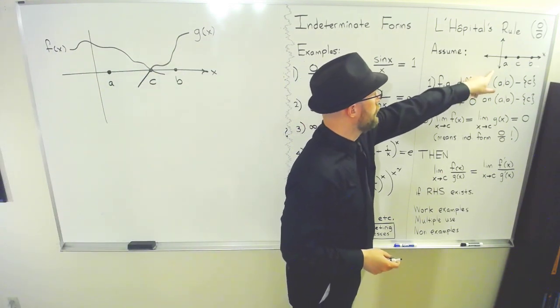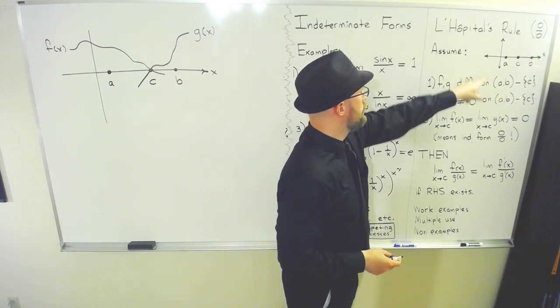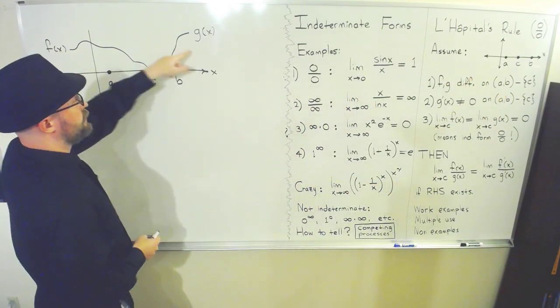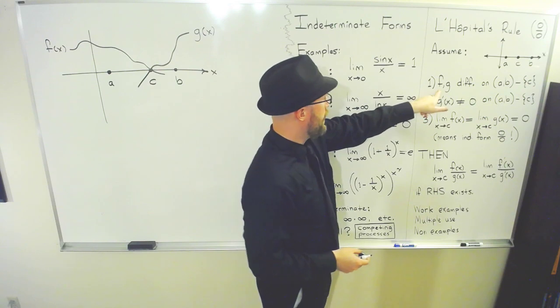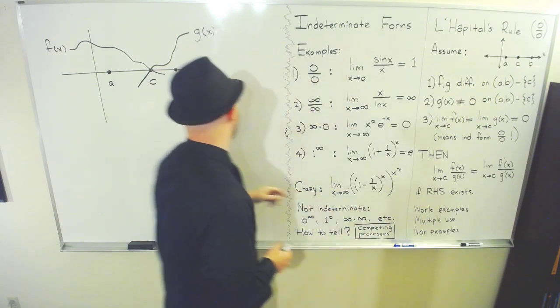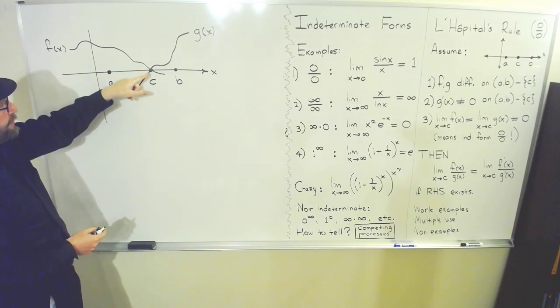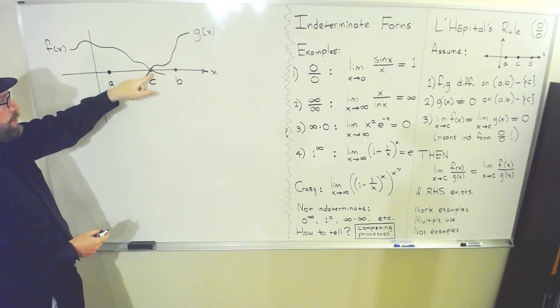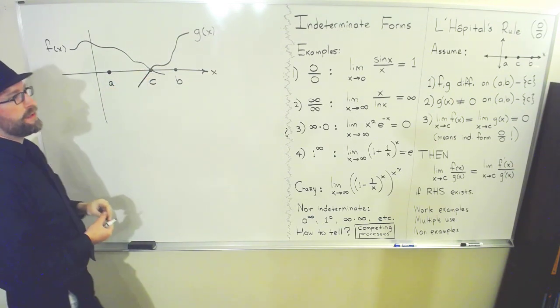Okay, so we have an interval, and we have two functions, f of x and g of x. I'm going to assume that f of x and g of x are differentiable, their derivatives exist on this entire interval, except it doesn't have to be true that the derivatives exist at that point C, where you're evaluating this limit.